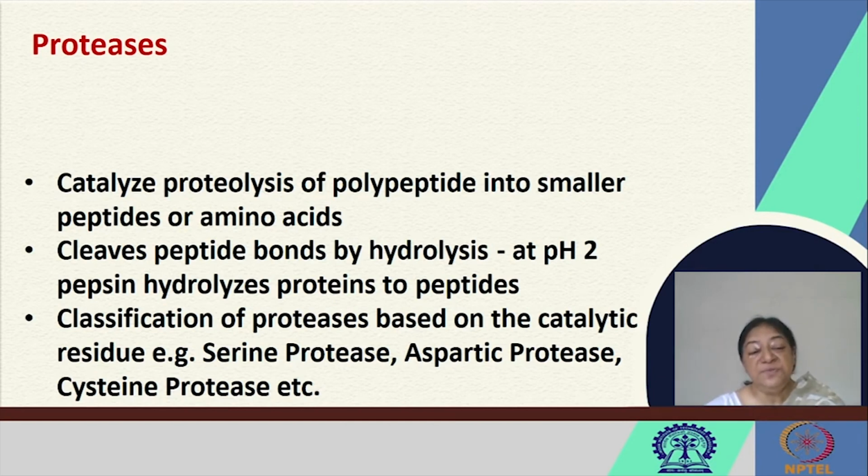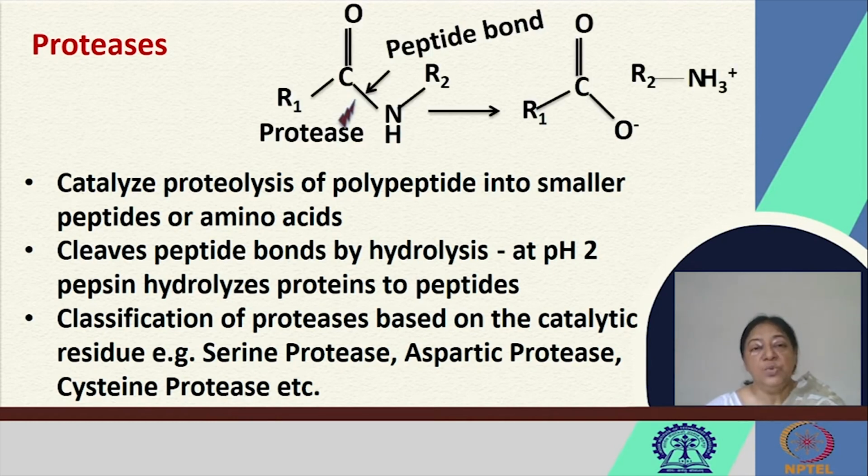Then the classification of these proteases comes from the specific catalytic residue that is involved in the covalent catalysis. So in a specific example of proteases, we have the proteolysis of the peptide bond.